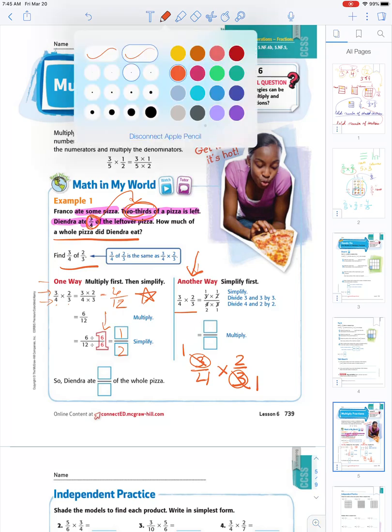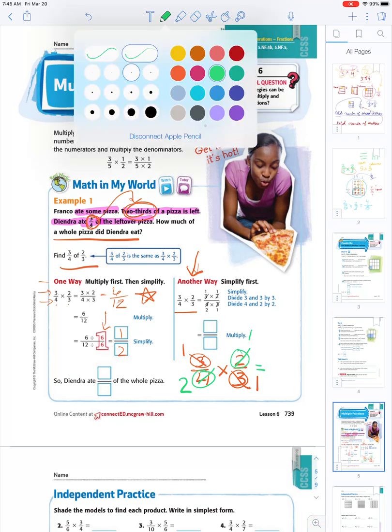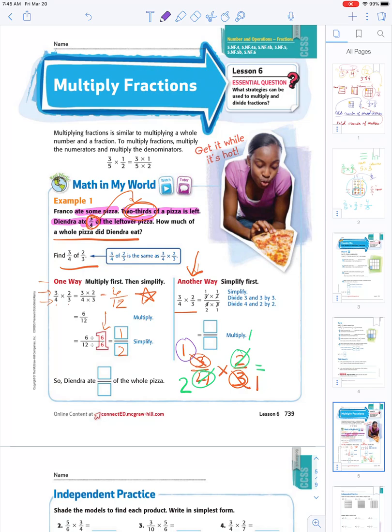The second thing I can do is see that 2 and 4 also have a similar multiple, which is 2. If I divide 2 by 2, I get 1, and if I divide 4 by 2, I get 2. Now, when I multiply my fractions, I get 1 times 1, which is 1, and 2 times 1, which is 2, and I get the same answer here.